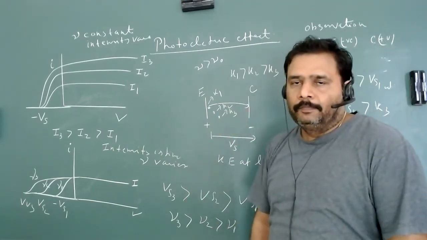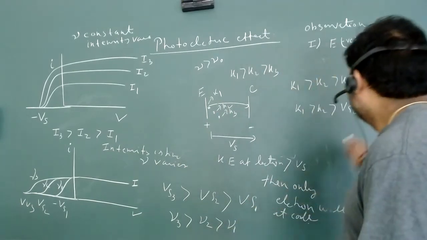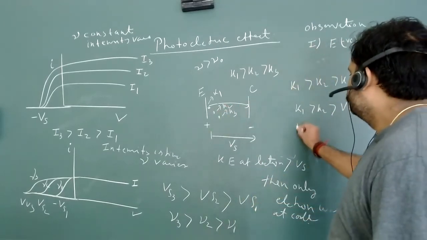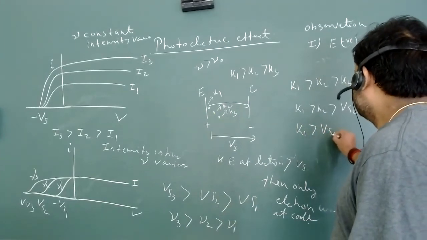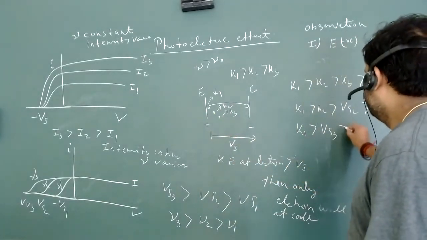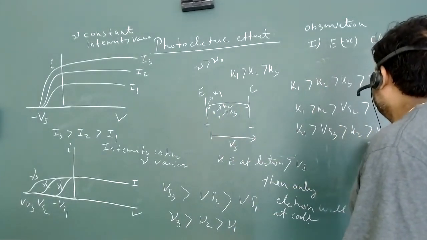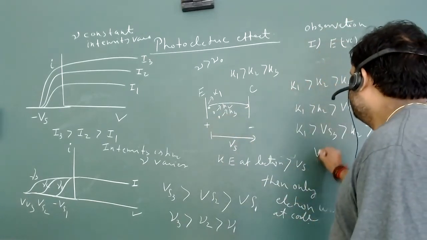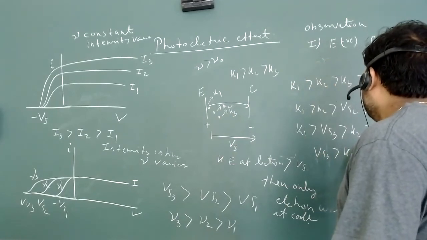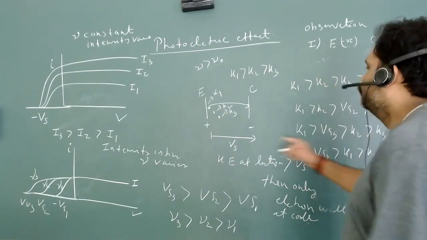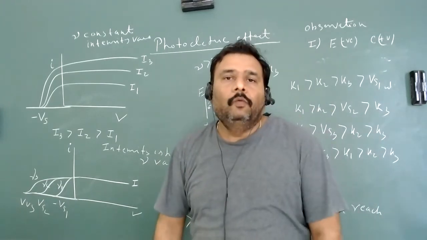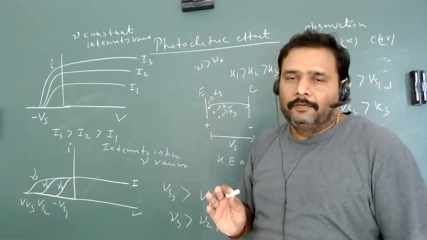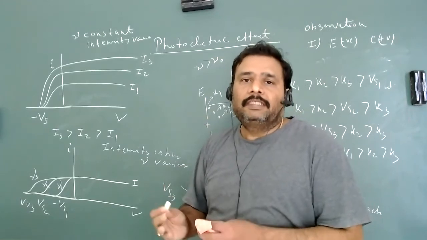The third one is not going to reach, because its kinetic energy is less than the potential. In the third case, K1 is greater than Vs3 is greater than K2 is greater than K3, so only the first electron will reach. And if Vs3 is greater than K1 is greater than K2 is greater than K3, no electron will reach. This means that as kinetic energy increases, we need more and more potential to stop the electrons.